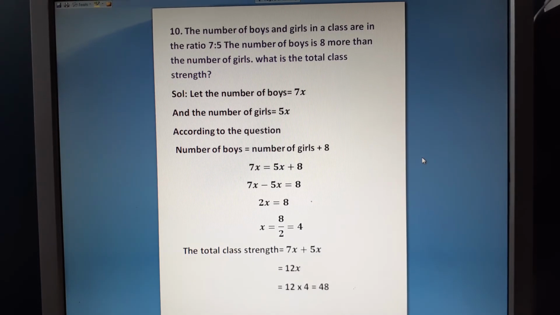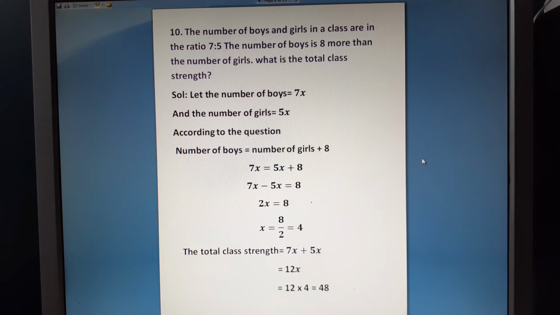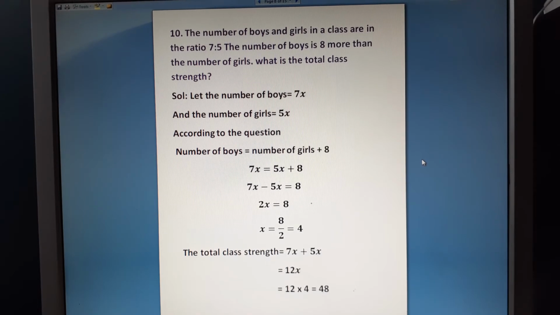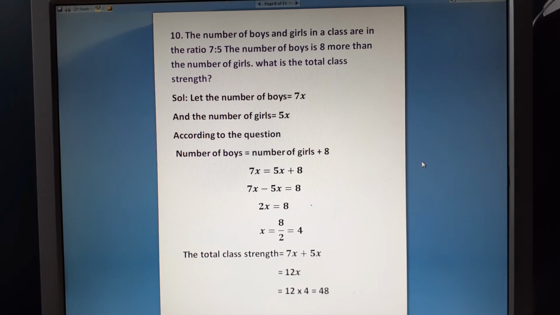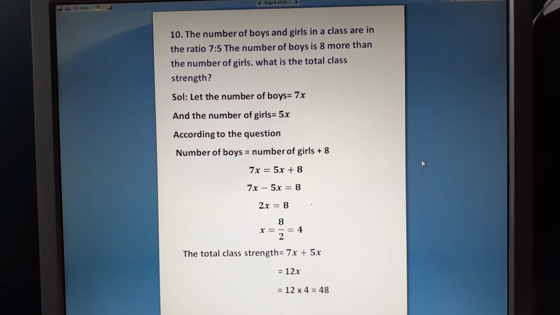According to the question, here number of boys is equal to 8 more than number of girls. So, we get number of boys is equal to number of girls plus 8. Here number of boys is equal to 7x.